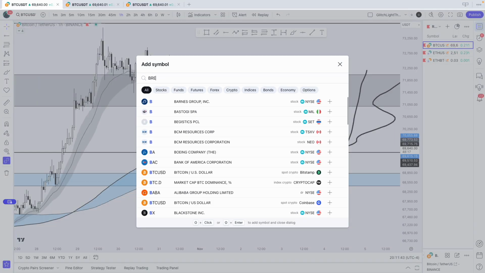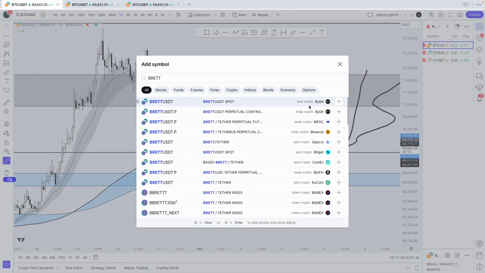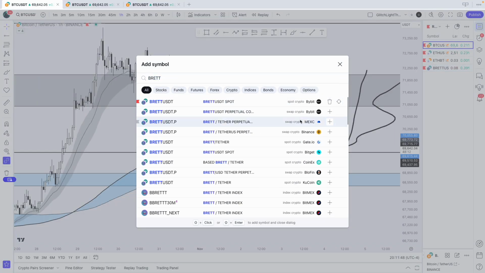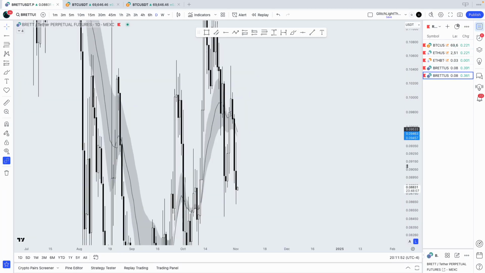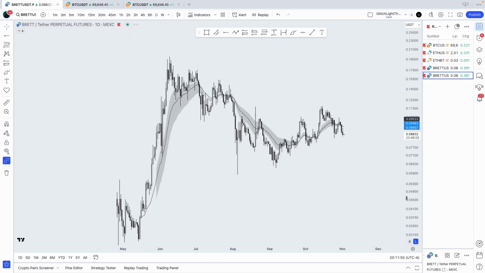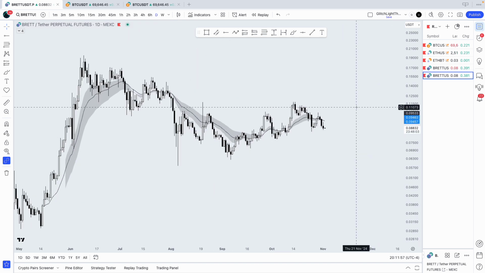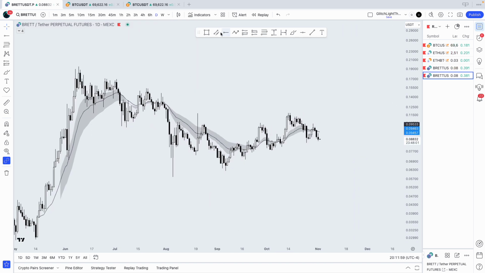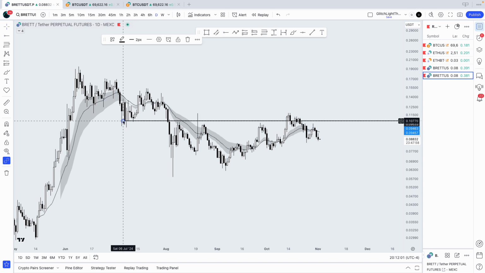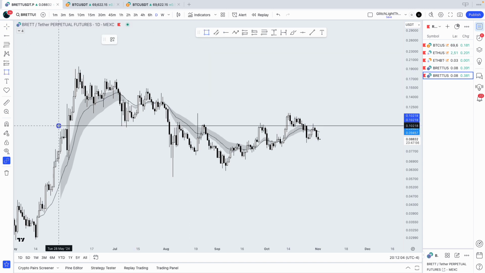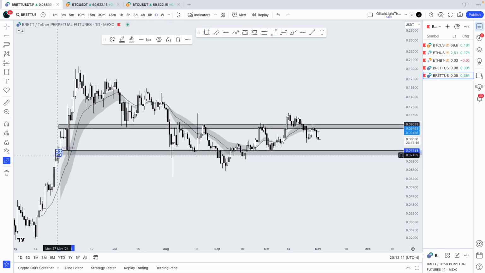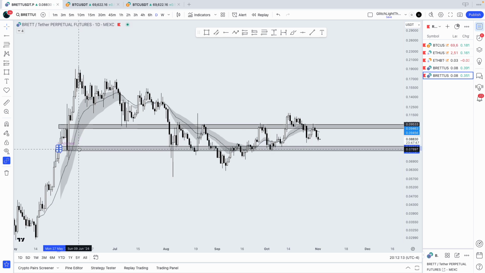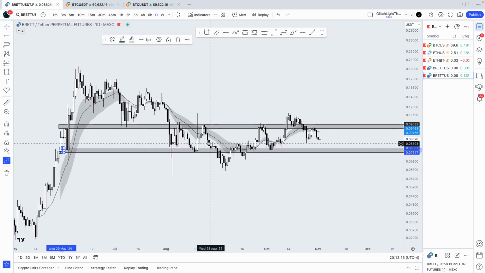Okay, let me take a look here. Brett. What's the chart? Probably MEXC has the most history. Bit of resistance there. This is probably holding as support. Say somewhere about there.